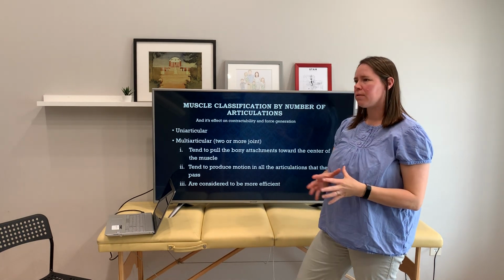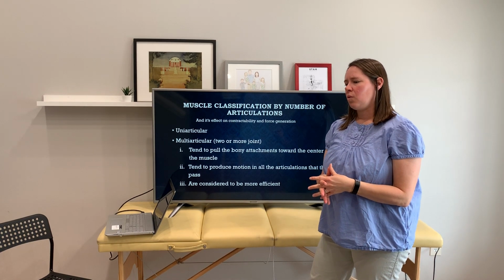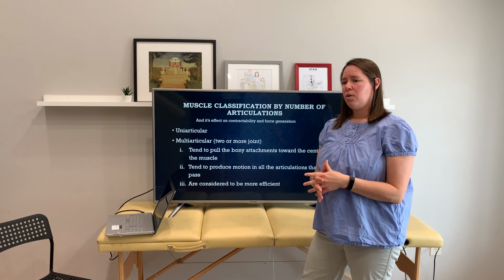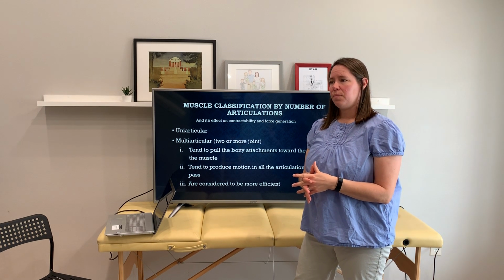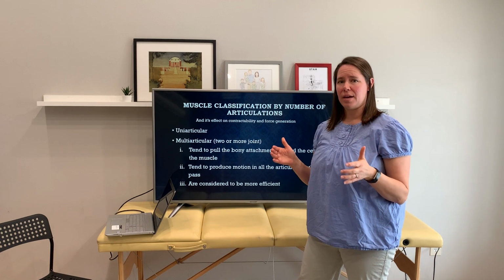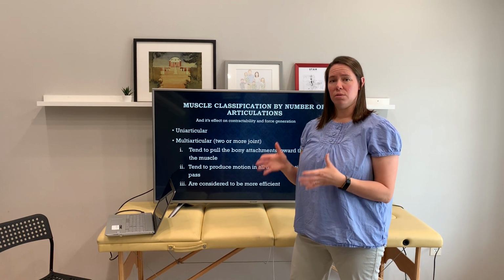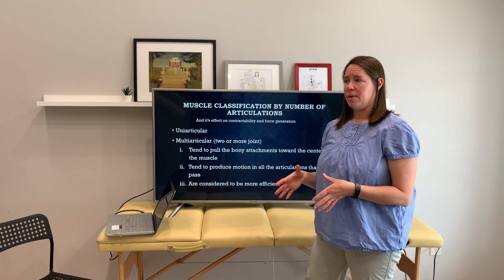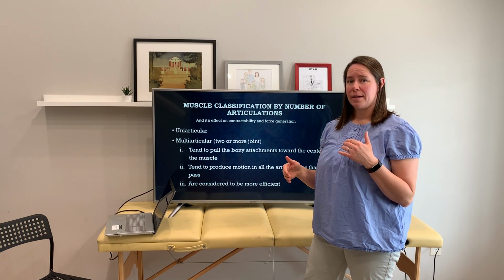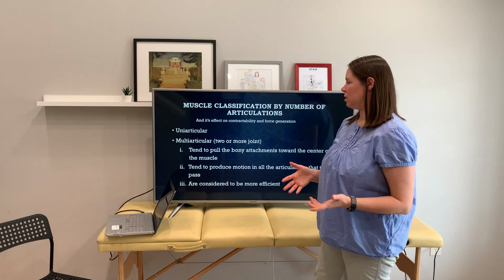When we were talking about muscles of the lower extremity, we talked about whether that muscle crosses one joint or multiple joints, and started to think about how that impacts what it can do functionally.